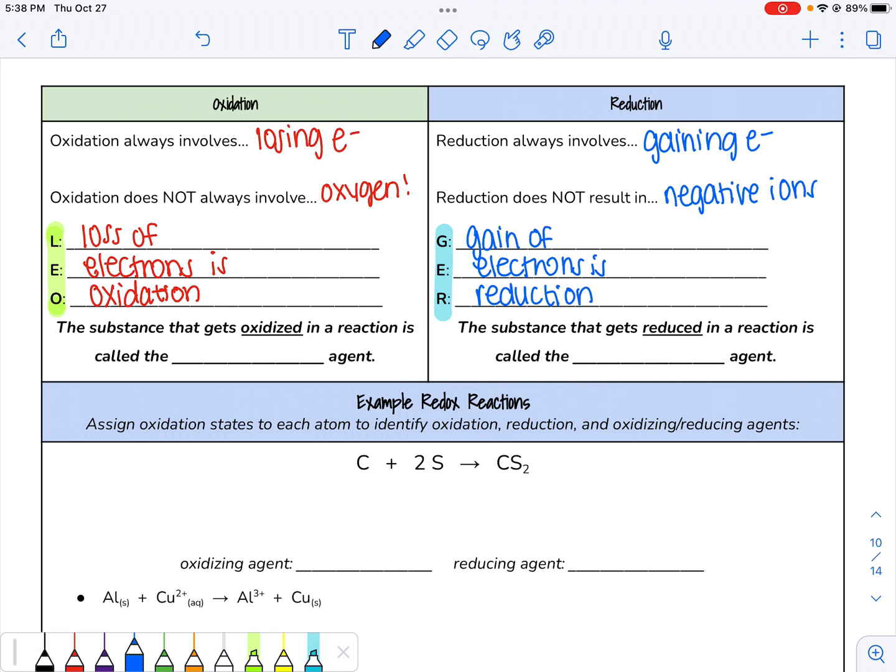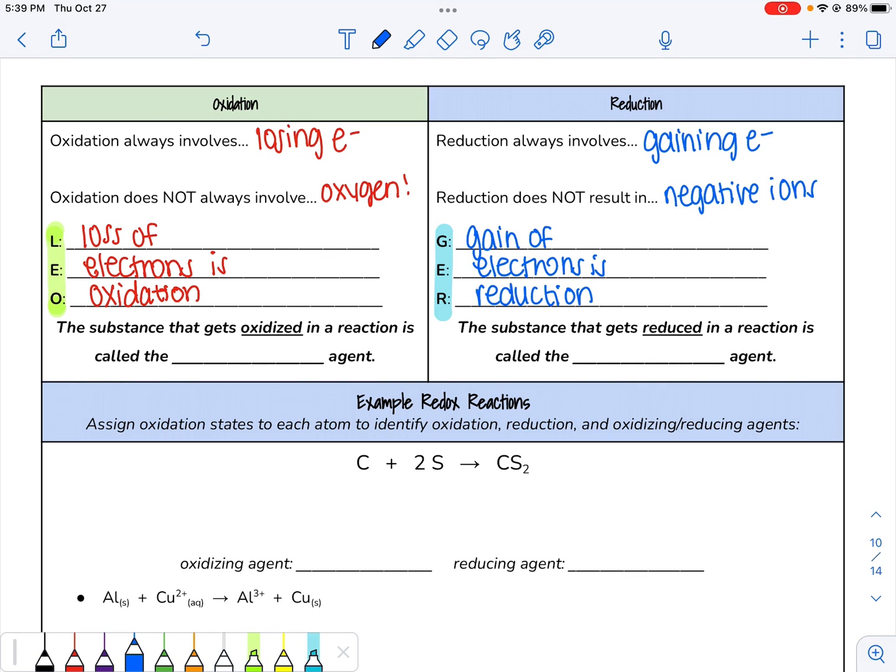So this is going to probably make you super angry, but the next portion of this is where things start to get a little trippy. If you have an atom that is being oxidized in a reaction, that atom is losing electron density.